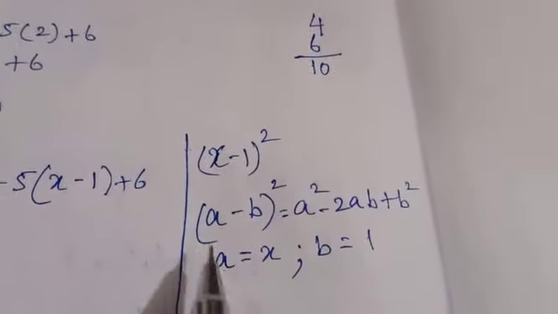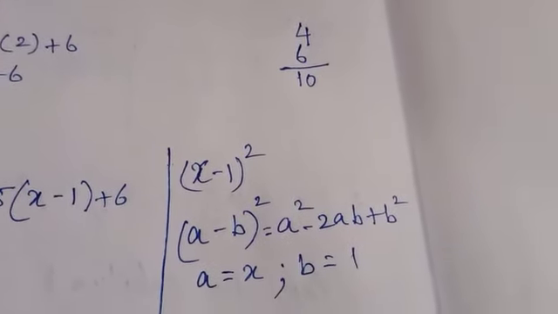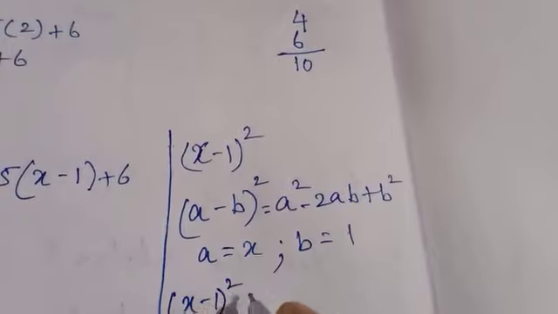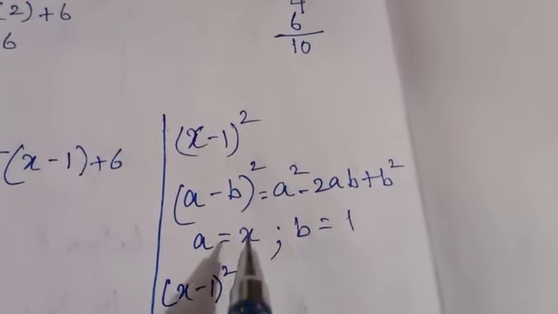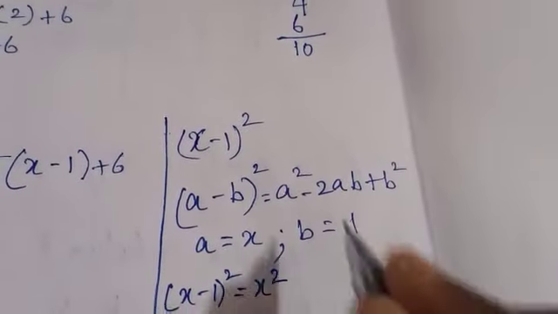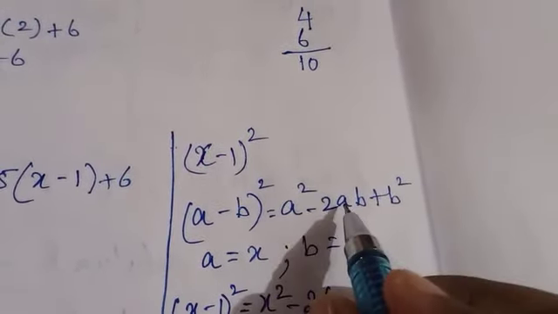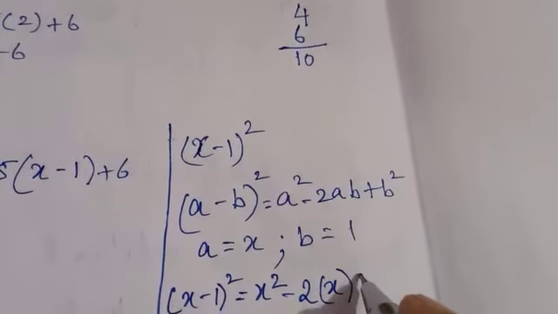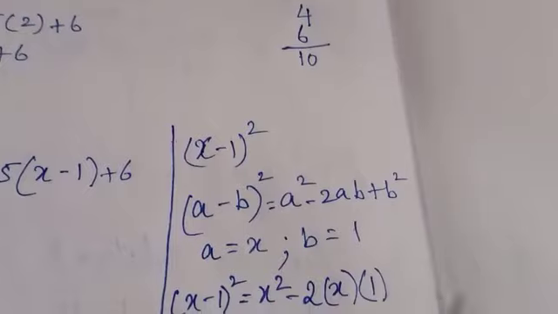Now I'm going to substitute these values in this formula. x minus 1 whole square is equal to, what is a? x, right? So I'm writing x square. Next, minus 2. Then again, what is a? x. Next, into b. What is b? 1.